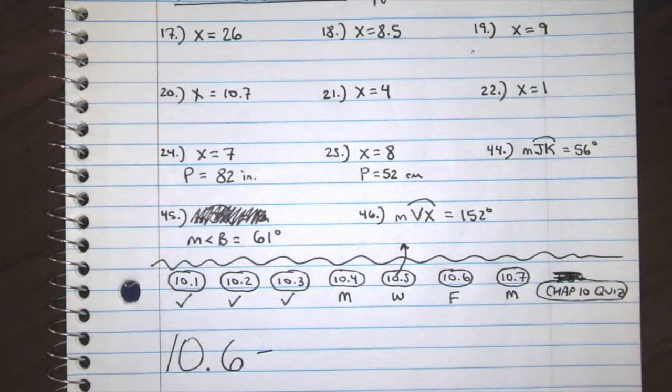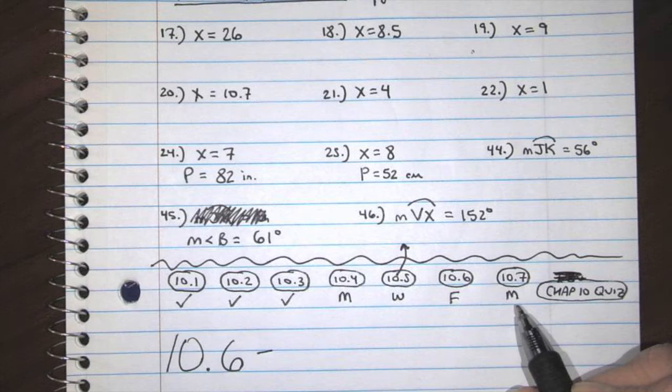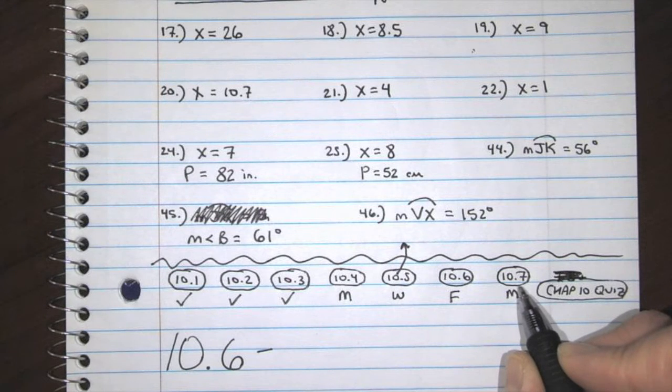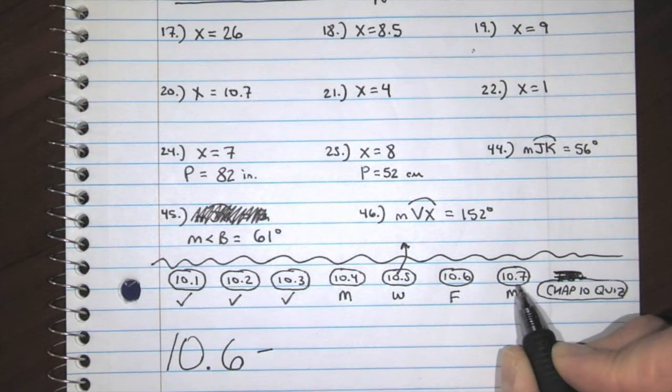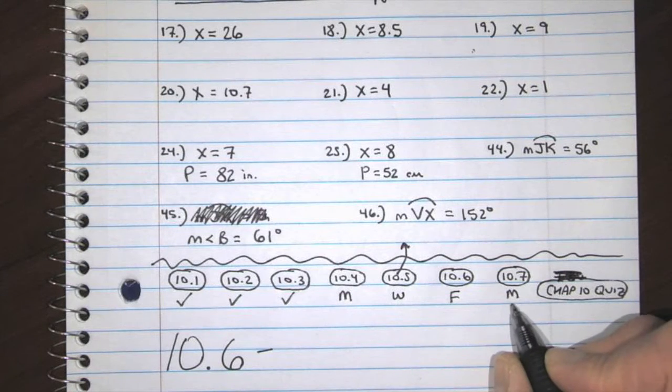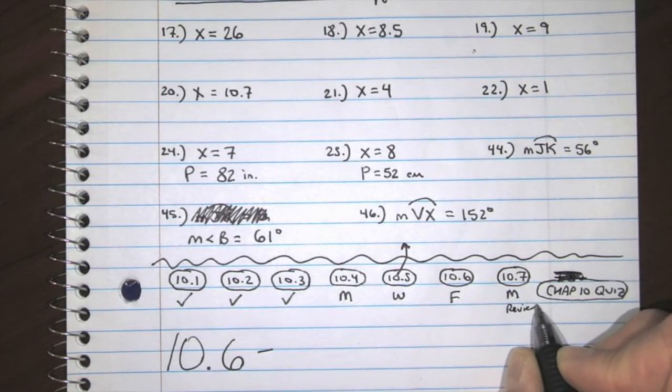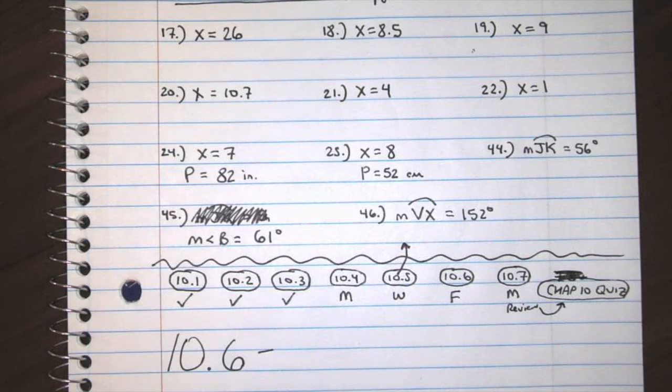Next Monday, I'll give you 10.7. Now, if you remember a couple of videos ago, I told you that I will not give you an assignment for 10.7. Once I teach lesson 10.7, I'm giving you the review for this.